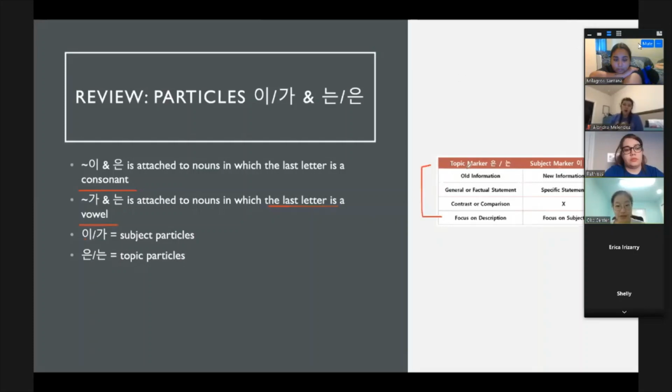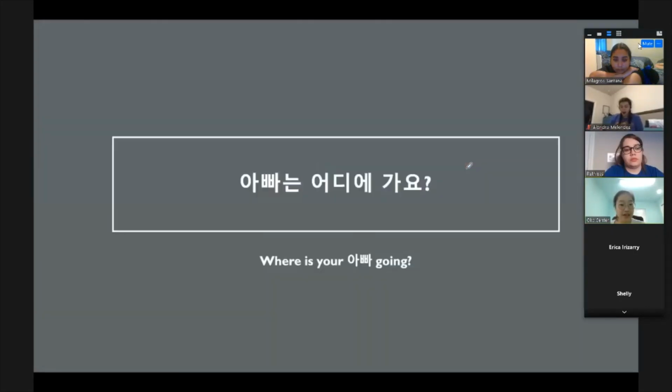You use this chart to figure it out. For consistency, we will use the topic particles 은 or 는. It changes depending on the situation.